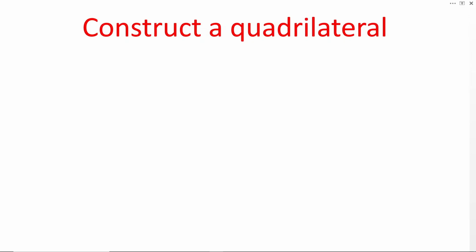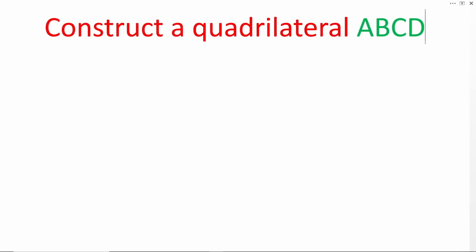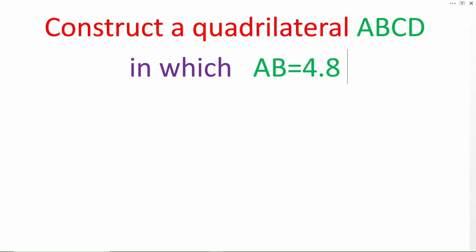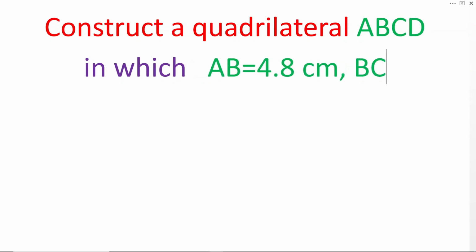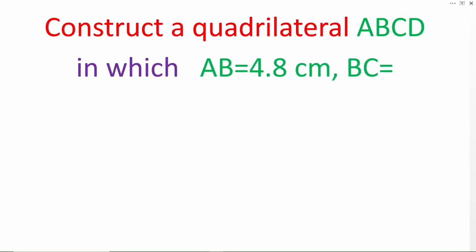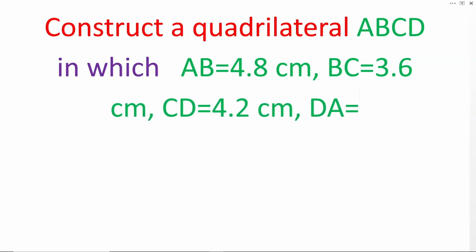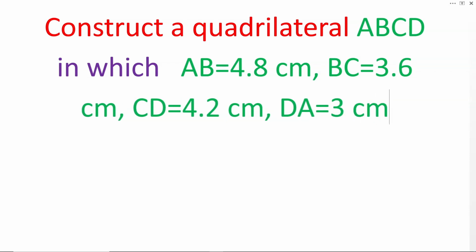In particular, we construct quadrilateral ABCD in which AB equal to 4.8 centimeter, BC equal to 3.6 centimeter, CD equal to 4.2 centimeter, DA equal to 3 centimeter.